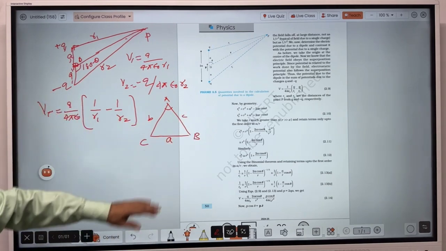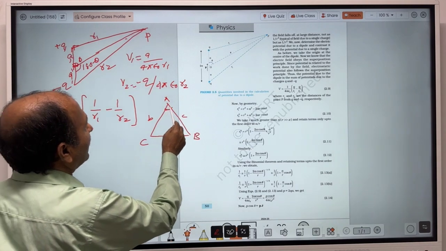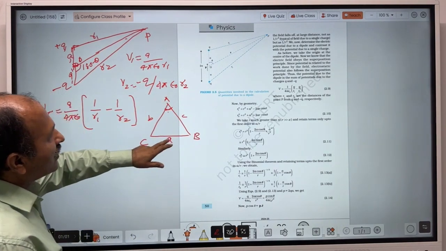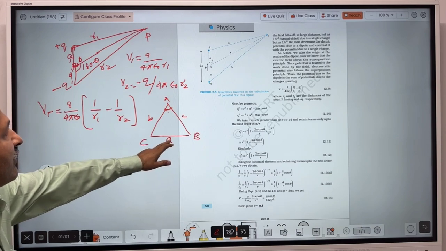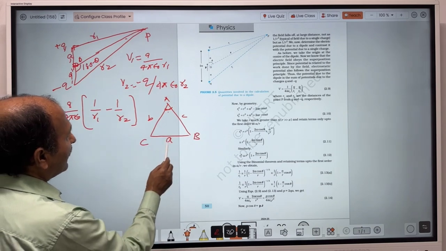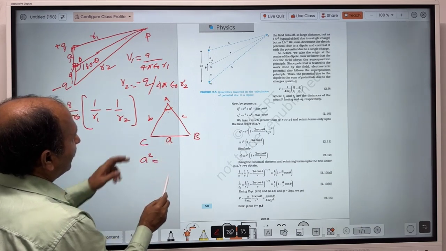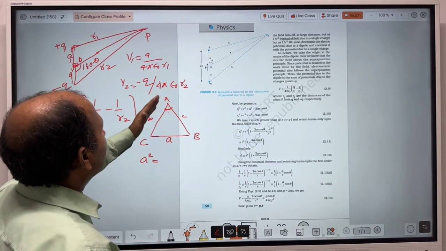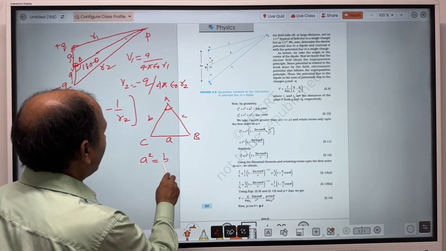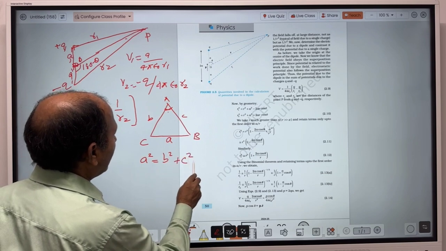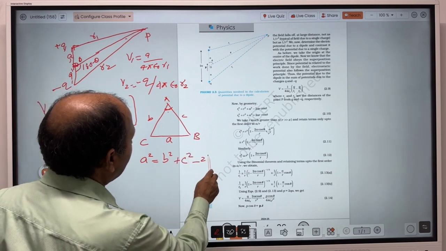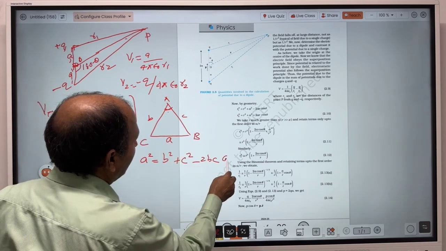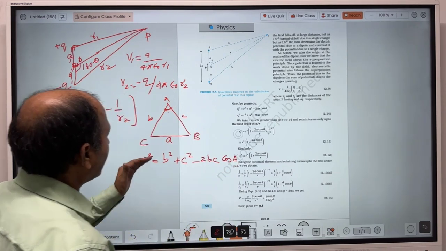If the angle is acute and you are considering this angle, then you can write the square of the opposite side. You will write a square equal to the square of those two sides which are enclosing the angle. So angle A is enclosed by b and c. So you will write b square plus c square minus twice of bc cos A. I think you have understood.